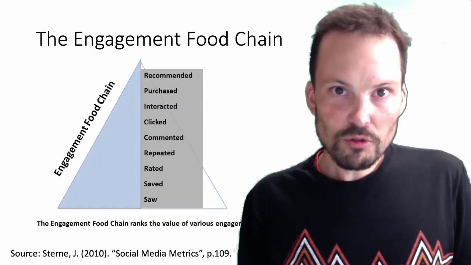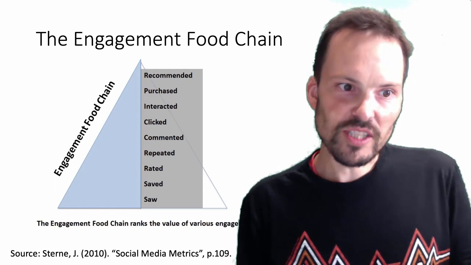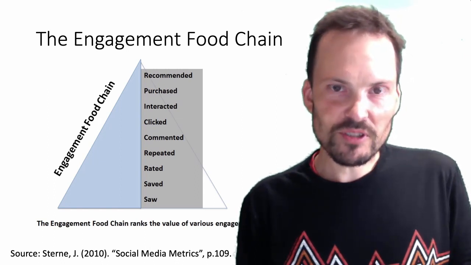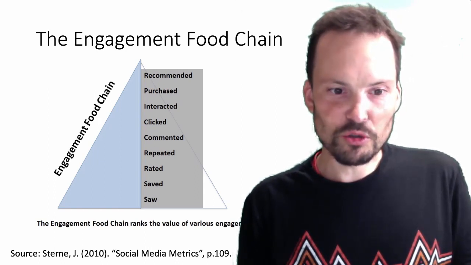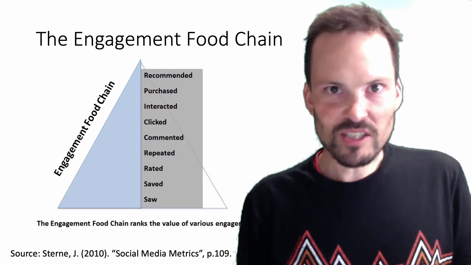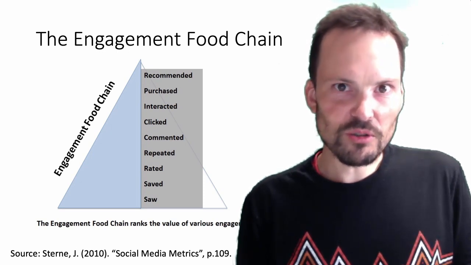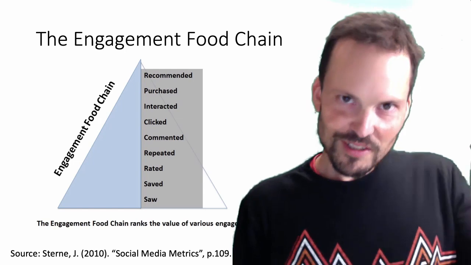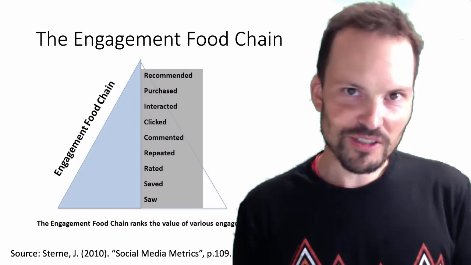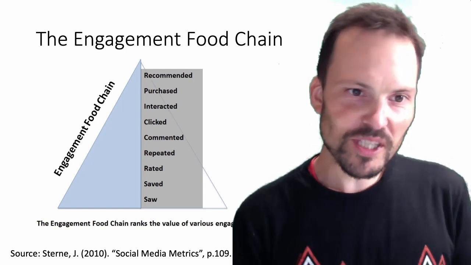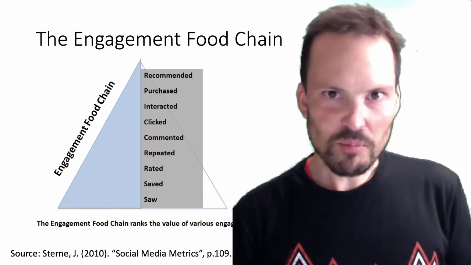And in terms of measuring the right things, I think this engagement food chain pyramid is a really good and useful model. It's almost 10 years old, but still, look at the levels of this pyramid, and you can probably agree with me that it makes a lot of sense.